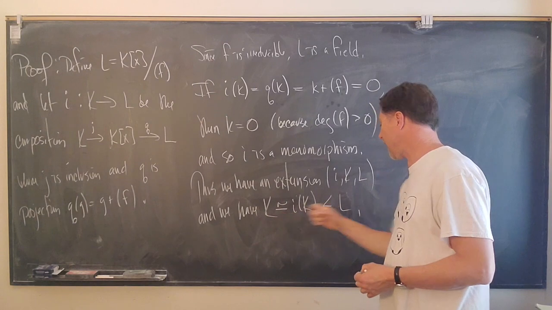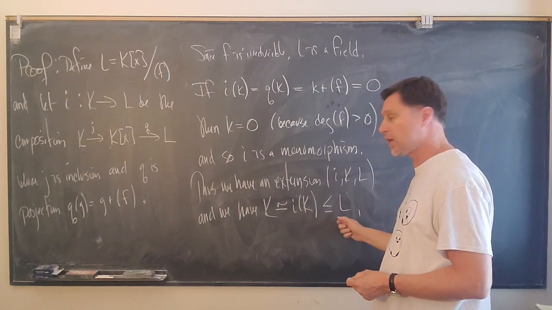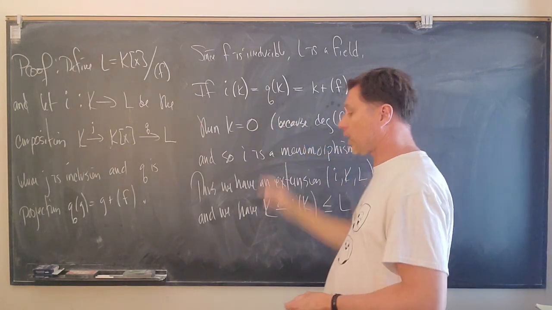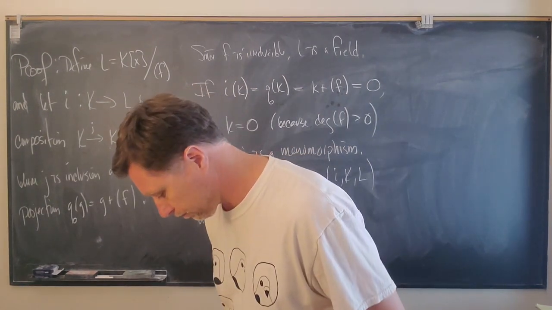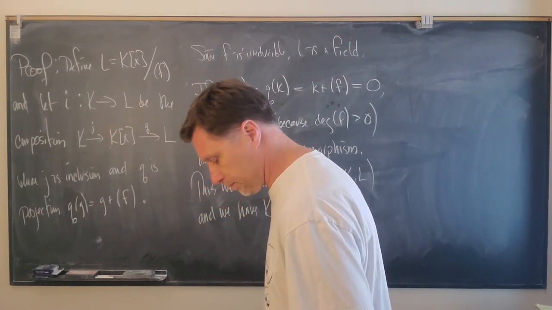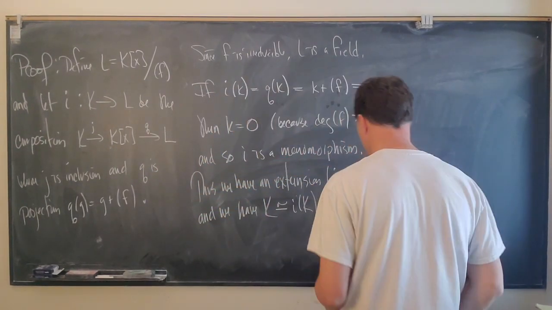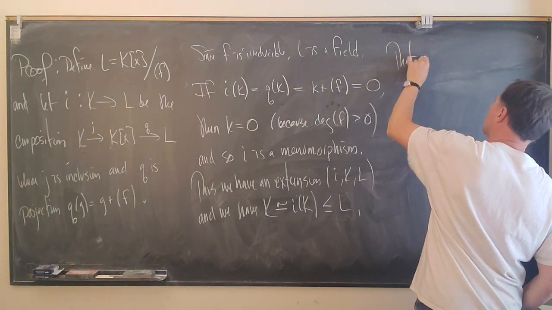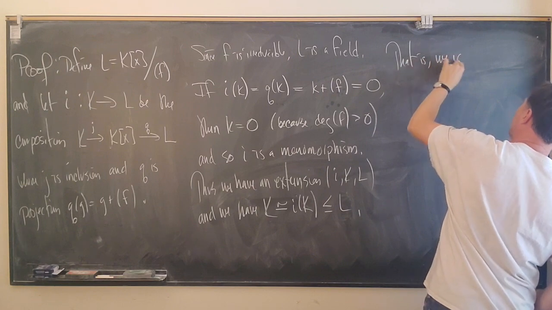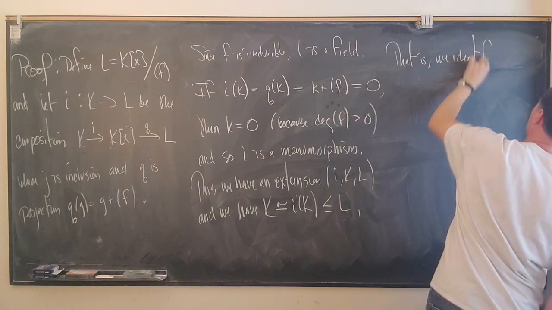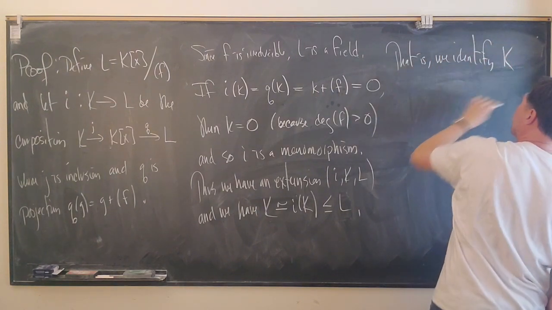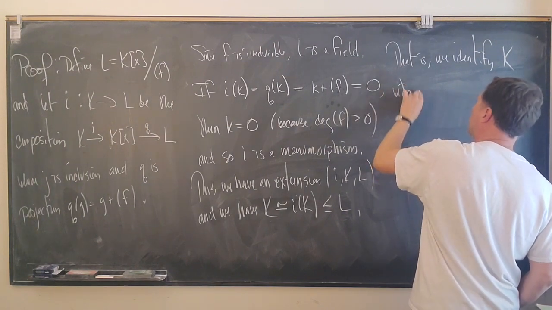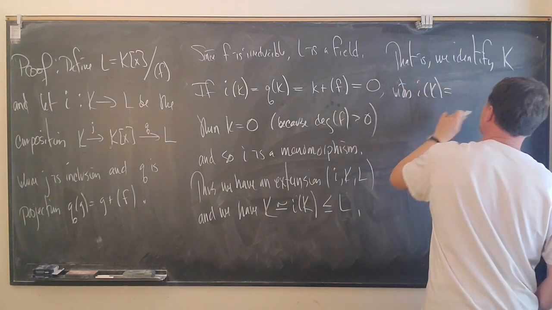We want to think of k as sitting inside this quotient ring in the obvious way, by making use of I. That is, we identify k with I of k. And what is I of k?